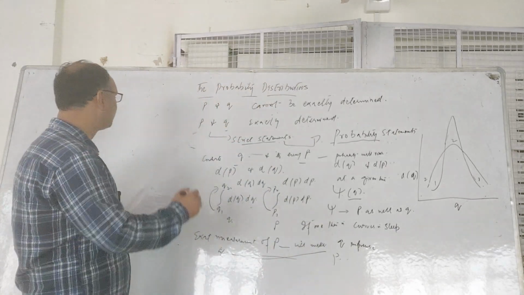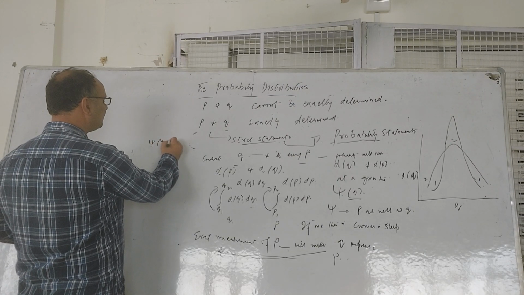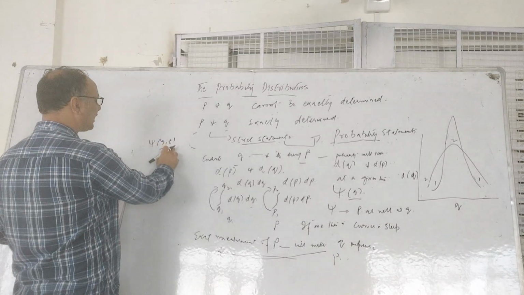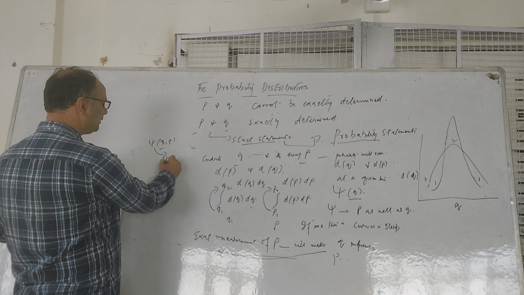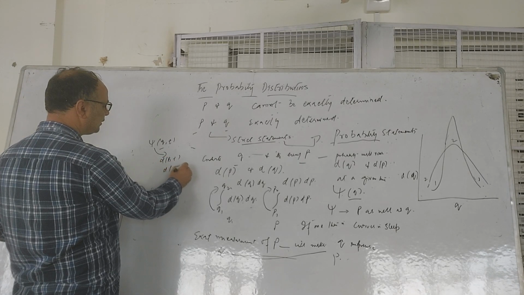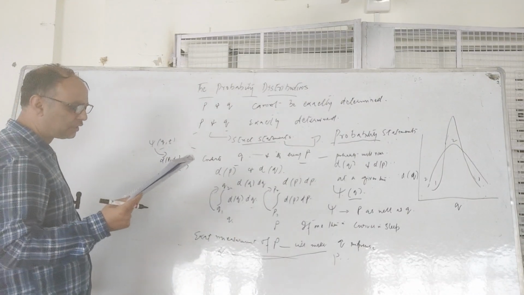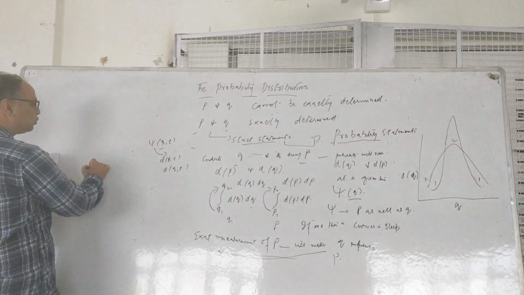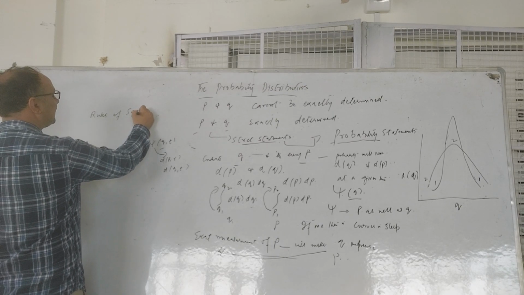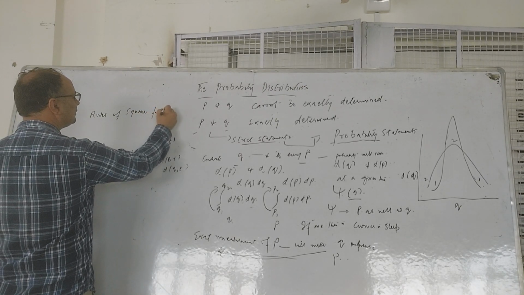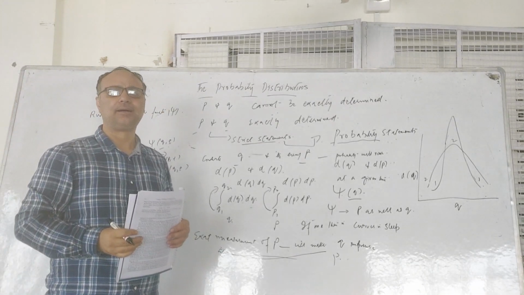Normally it's psi of q and t, the wave function's dependence on dp and dq, and we normally ignore time as an independent variable. So these are the rules for the psi function.